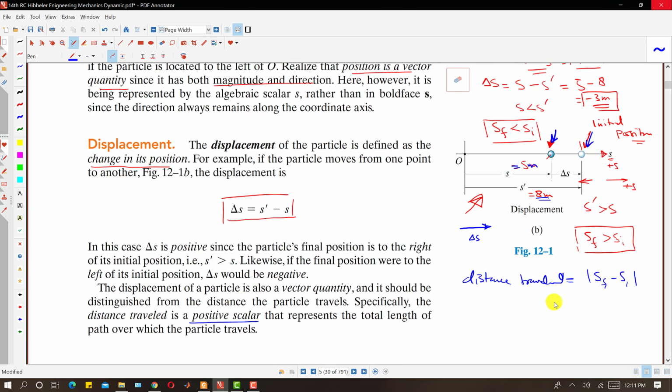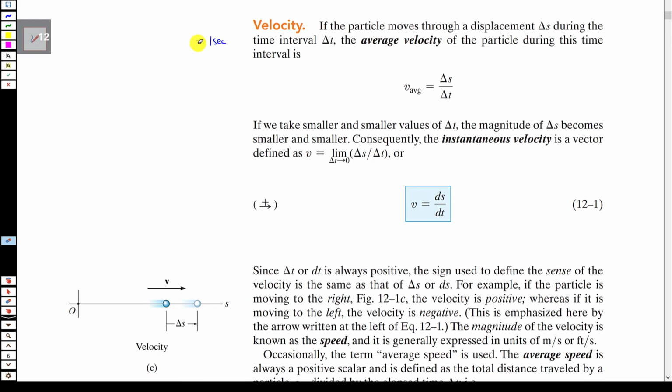We will always say that the distance traveled is positive 5 meters, and there is no vector representation in that case. The distance traveled is always a positive scalar, while the displacement could be negative or positive. It is a vector quantity, and the displacement could be represented by an arrow, by a vector.